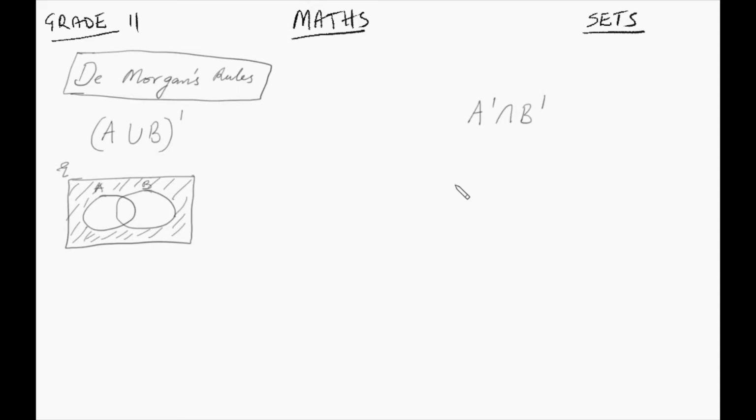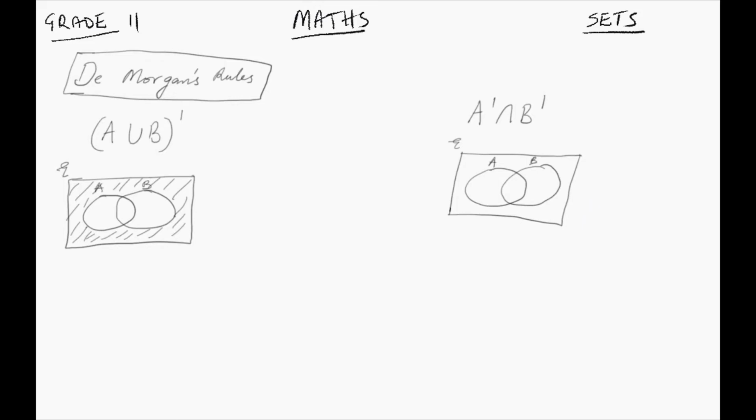Let's look at this one: A complement intersect B complement. Universal set, set A, set B. Now what we do, you just have to go aside.